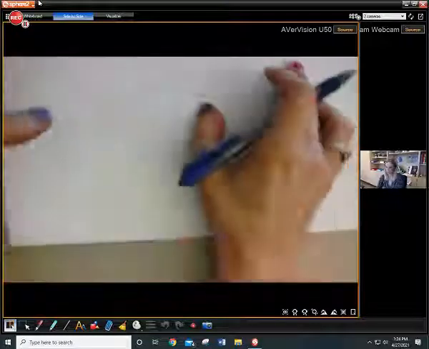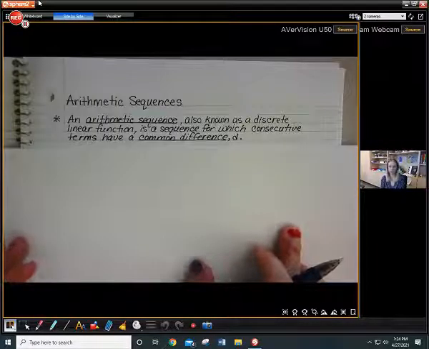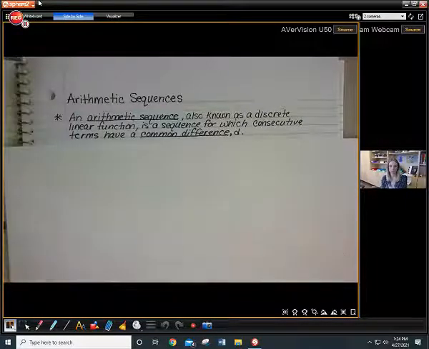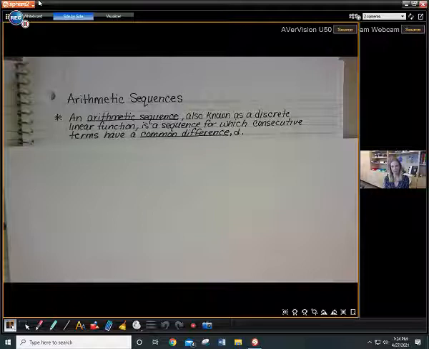All right, so we're going to start looking more specifically at sequences that have certain names. This one for today's lesson is arithmetic sequences, and then the next section has a completely different type of sequence. So the thing to know about an arithmetic sequence, which is also known as a discrete linear function, is a sequence which has consecutive terms having a common difference.